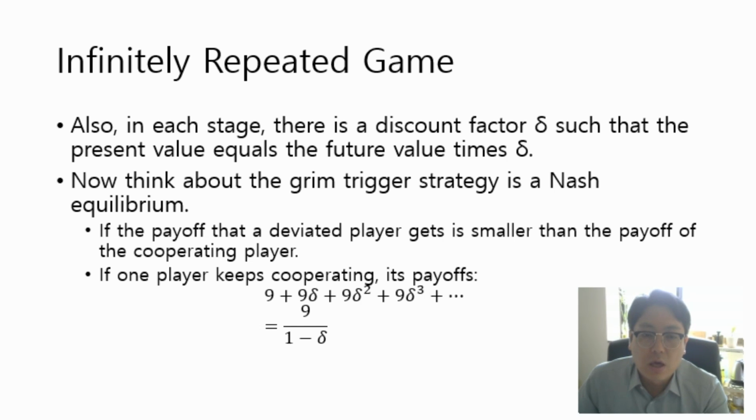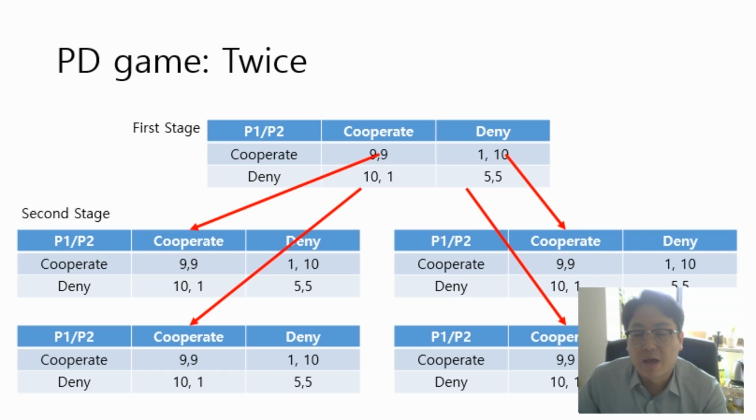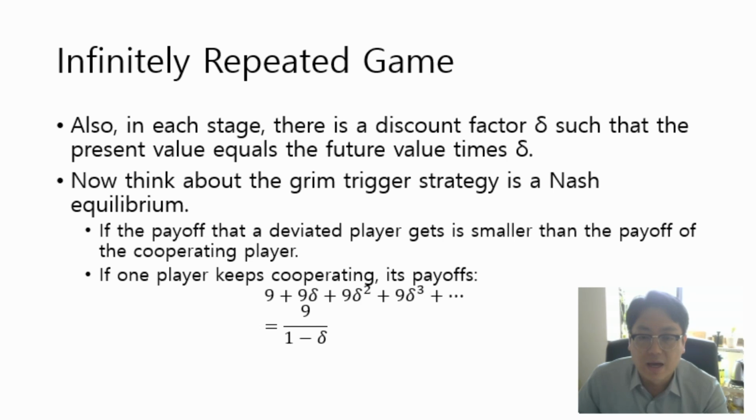Say that if one player keeps cooperating, its payoff is 9. Look at this. If both keep playing the Nash equilibrium, then they will get 9 and 9 forever: 9, 9, 9, 9 forever. However, because we have a discount factor delta, each value can be compared to the present value by multiplying by delta.